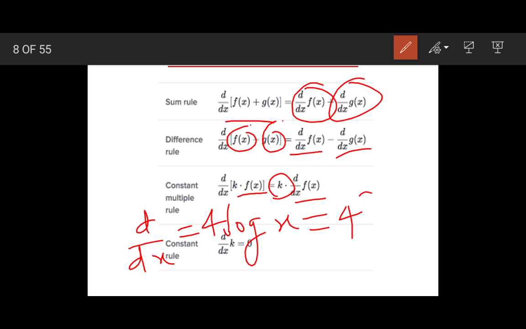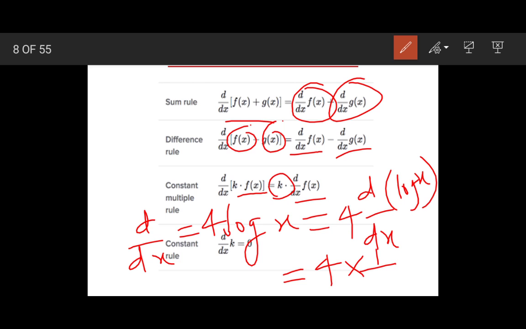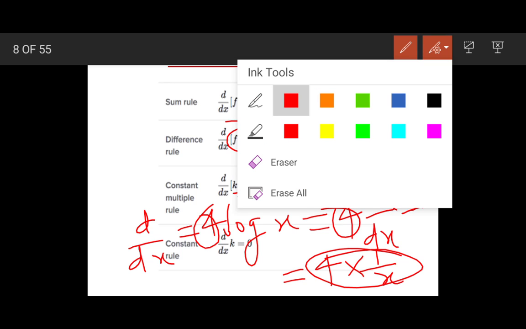Then it will be 4 into derivative of log x. So that is equal to 4 into 1 upon x, so the derivative is 4 upon x. So k into function: k will come outside the derivative and we have to find derivative of only the function.